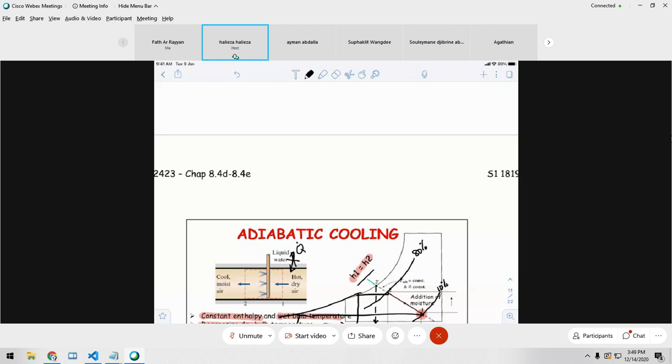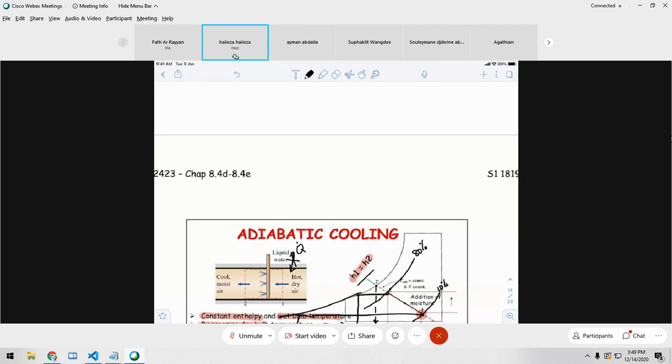Most of the examples are open systems. You will not come across a closed system. Very, very difficult to find a closed system. It's not that it's rare, but the majority of it is open system.